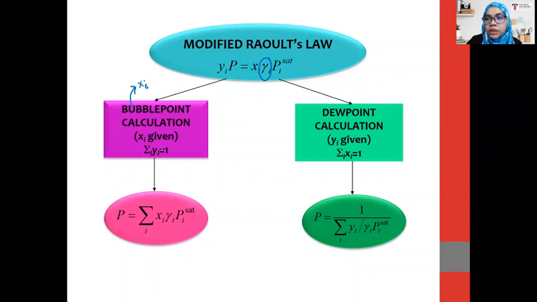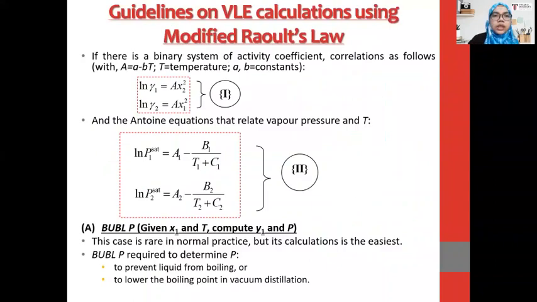We know that the summation of the total vapor composition is equal to 1. Finally, we can determine our pressure. The same goes for the dew point calculation, where the composition of vapor is given to us. Okay, these are the guidelines to calculate the VLE using the modified Raoult's law.